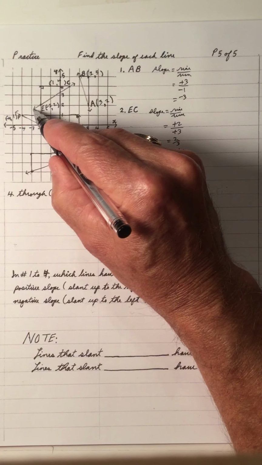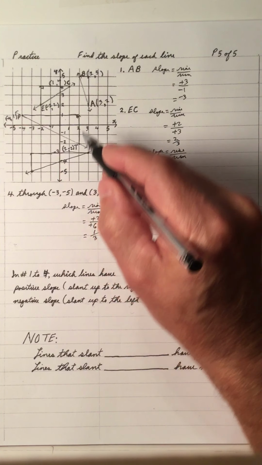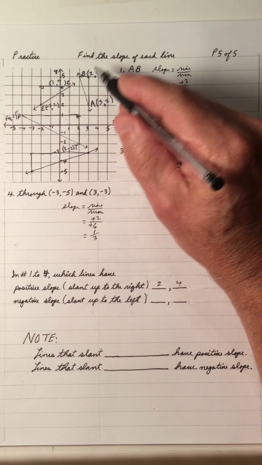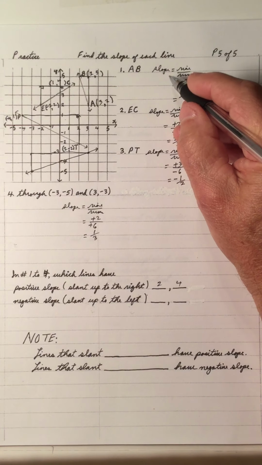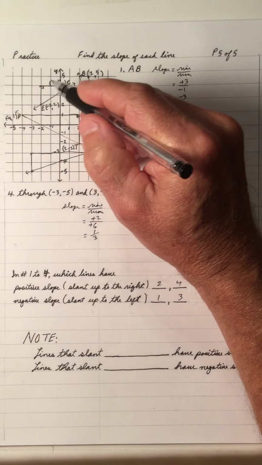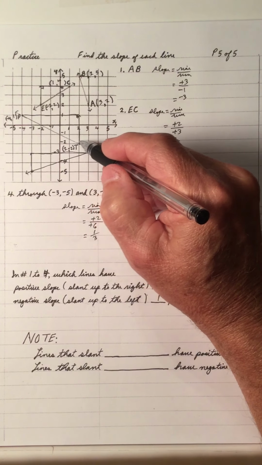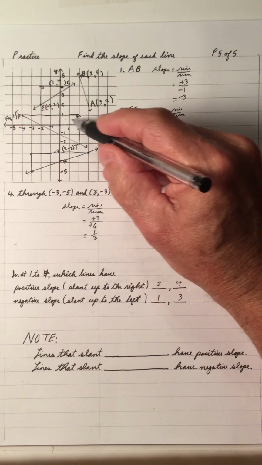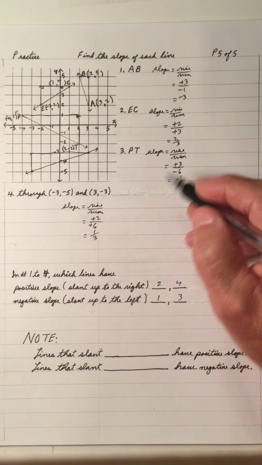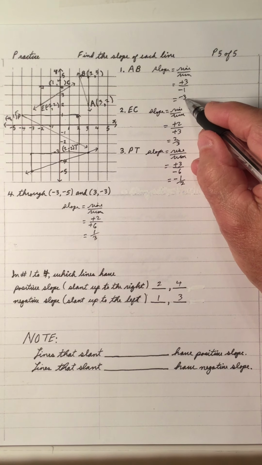Besides that, up to the right is positive, and again up to the right is positive, and these two are negative. So negative slope is 1 and 3. But if you look at the graph, a negative slope goes up to the left. This is a negative slope because it's going up to the left. Besides looking at the -1/2 and the -3 as the answers.